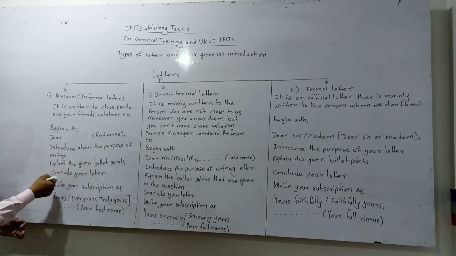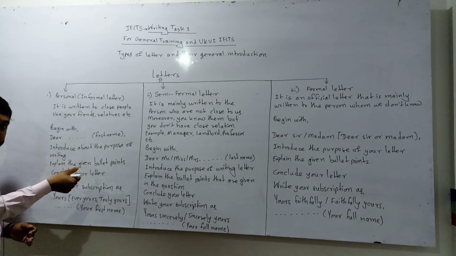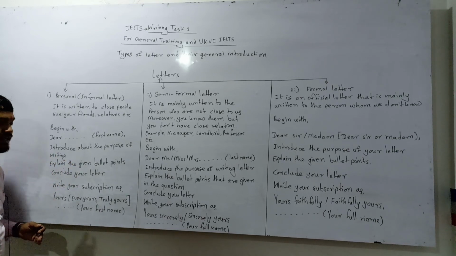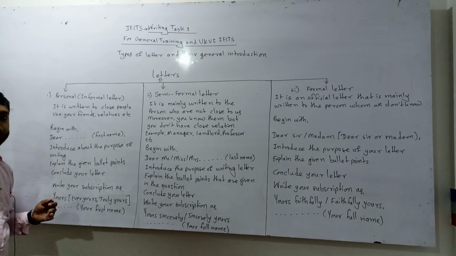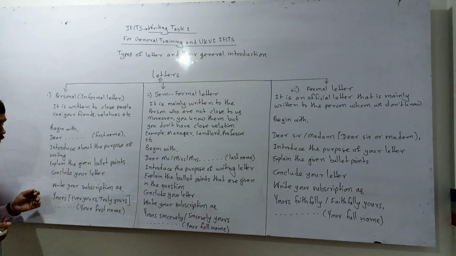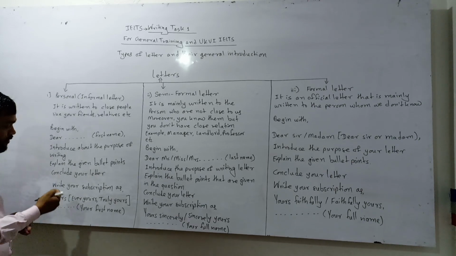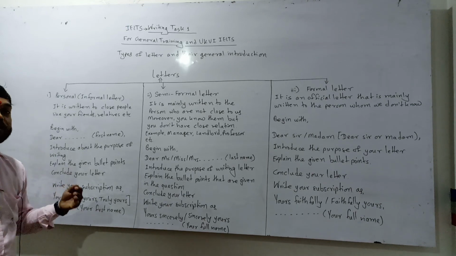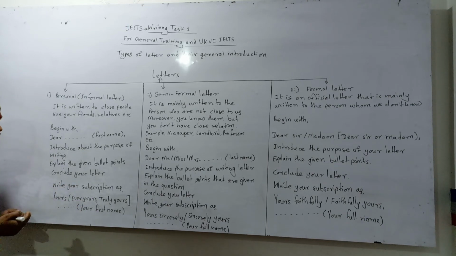Here you should write the bullet points and explain them, like the causes, and give advice if it is necessary, otherwise just leave it if it is not important. Next, conclude your letter. If your letter is complete in meaning, then conclude your answer by a recommendation or by giving some suggestions or advice if required.